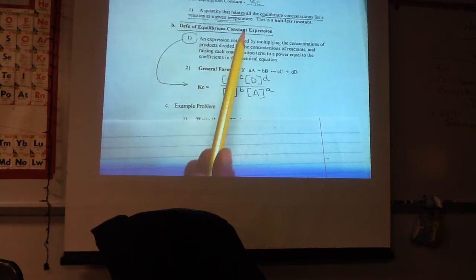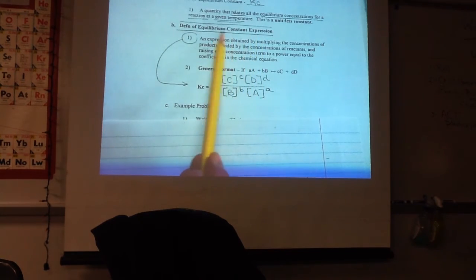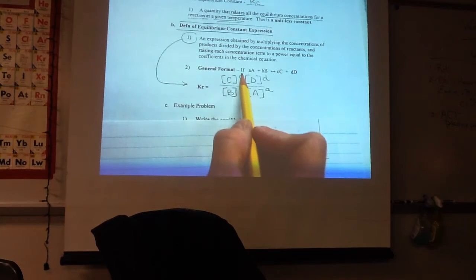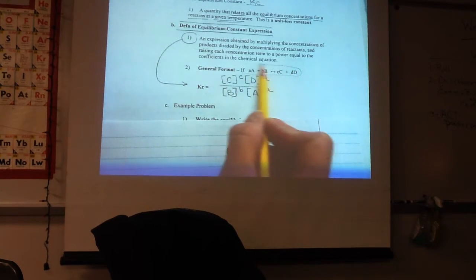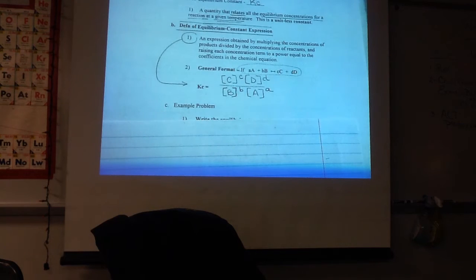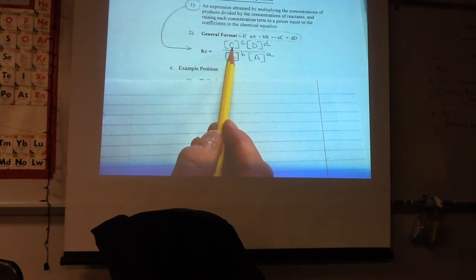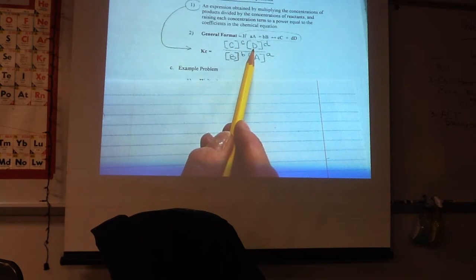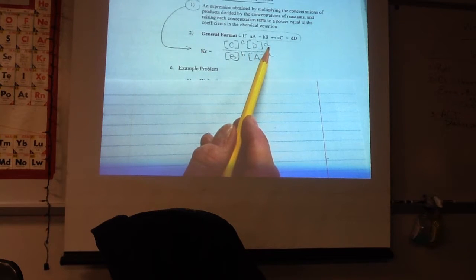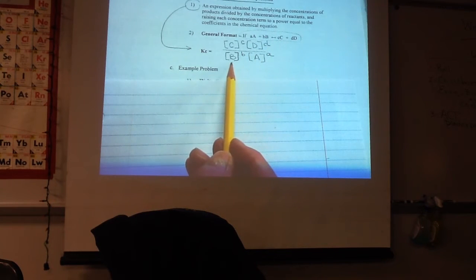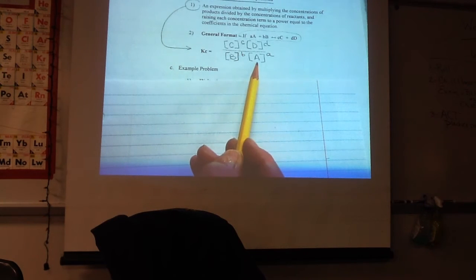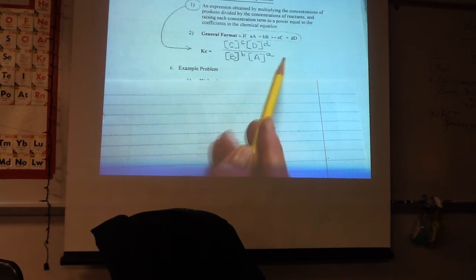All right, what's the general format of what K is equal to? We set it up algebraically, we call it an equilibrium constant expression. So if this is my generic equation, aA plus bB makes cC plus dD, the Kc value is you take the equilibrium concentration of the product, raise it to the power of the moles, times the equilibrium concentration of the next product, raise it to the power of the moles, and then you divide it by the concentration of the reactant, raised to the power of moles, times the next reactant, raised to the power of moles, and so forth, so on.